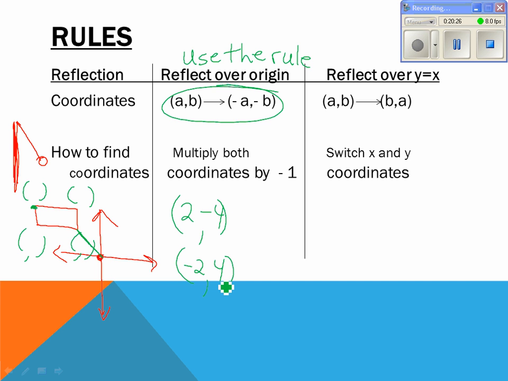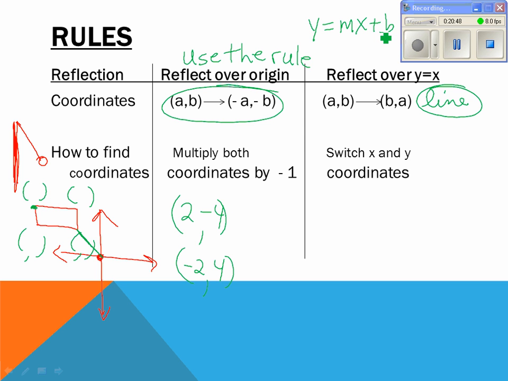How about this one, y = x? Anybody know what that is? It's a line. What form is that in? Anybody remember that from algebra? Slope-intercept form.